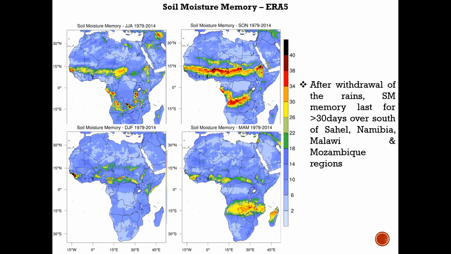Another aspect of interest was to look at whether we can take this result forward and utilize soil moisture to support sub-seasonal or seasonal prediction. And here we present soil moisture memory computed based on e-folding time. In summary, we note that soil moisture memory is important in regions where the rains are withdrawing.